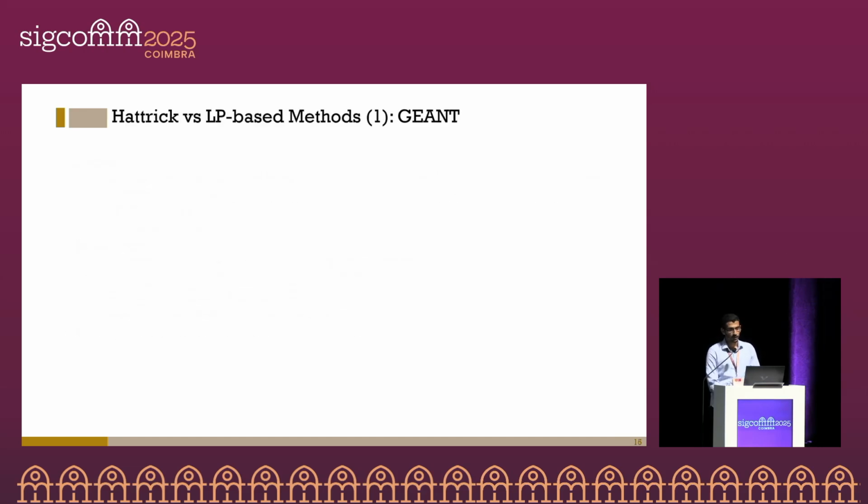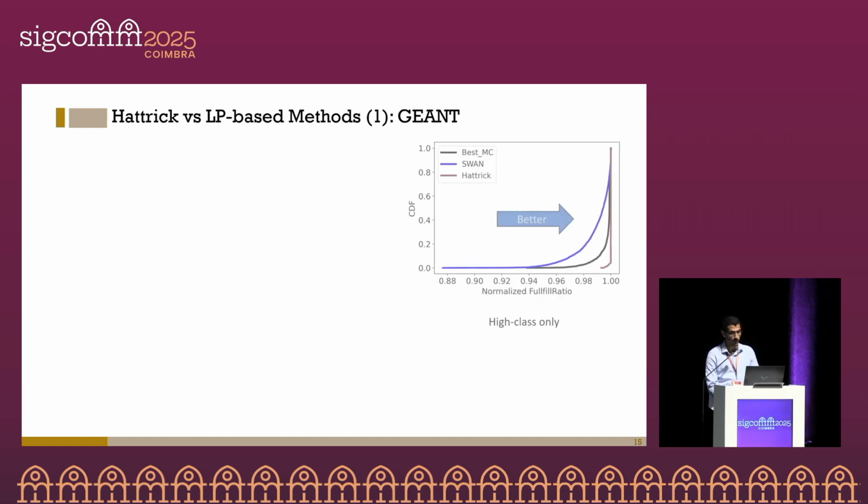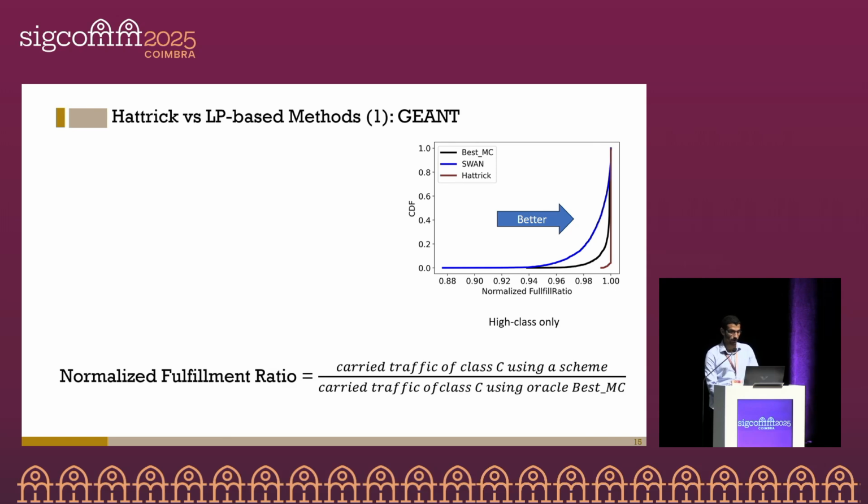We start by comparing Hattrick to linear programming-based methods using the Giant dataset. For the high-class traffic, and let me define first the metric. We defined the normalized fulfillment ratio metric, which is the carried traffic of class C using a scheme divided by the carried traffic of class C using an oracle or clairvoyant BestMC.